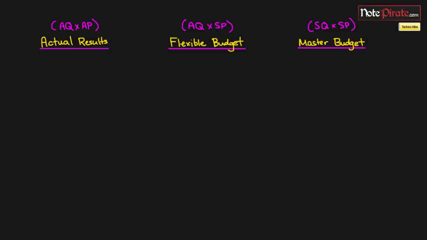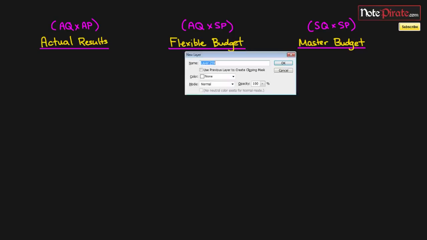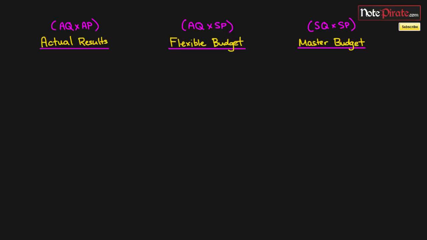So in the next part, you'll actually see a chart like this come up very frequently within your variance analysis chapter. And it's going to display the master or the static budget, the flexible budget, and also your actual budget. And they derive the price and usage variances from the differences between these three budgets. So for each of these budgets, we're going to see a similar type of format.